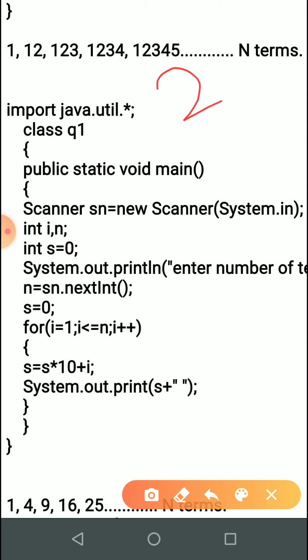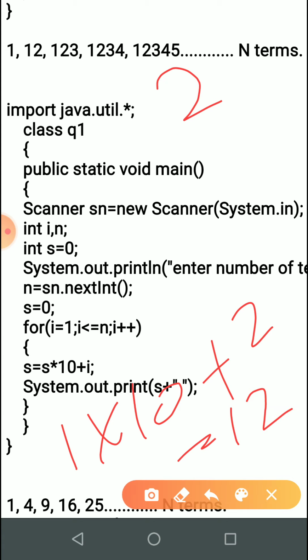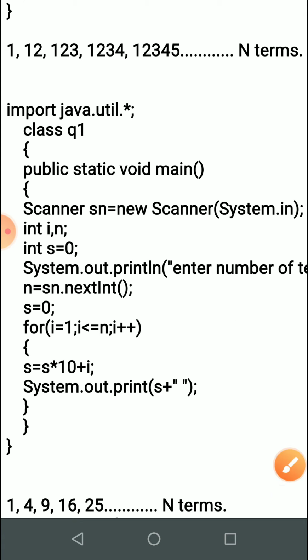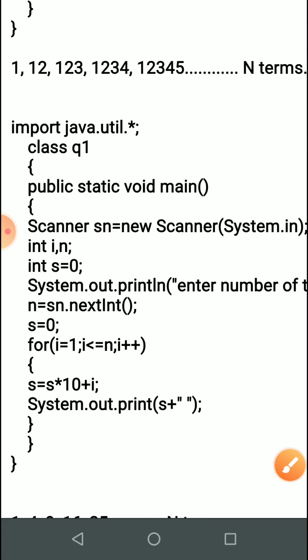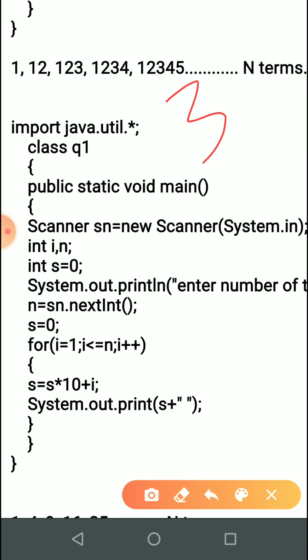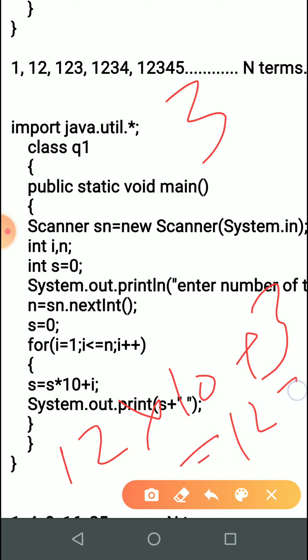For 2, what was the value in s? It was 1. So 1 into 10 plus I becomes 12. After displaying 12, I will become 3. When I becomes 3, s is 12. 12 into 10 plus 3 becomes 123. And so on, it will display n terms of this series.